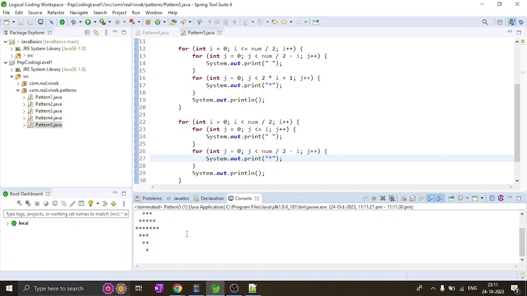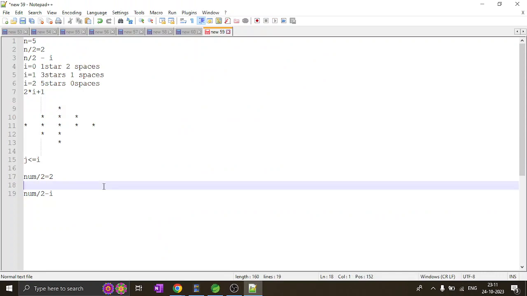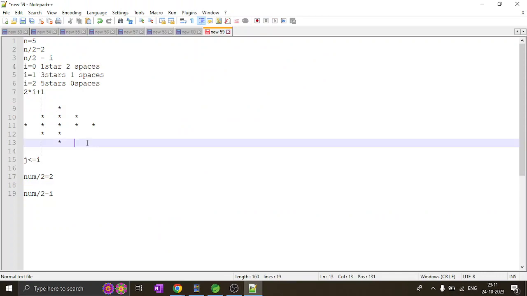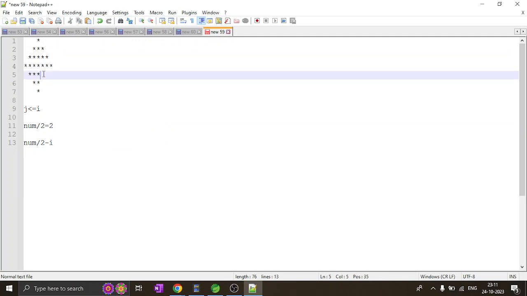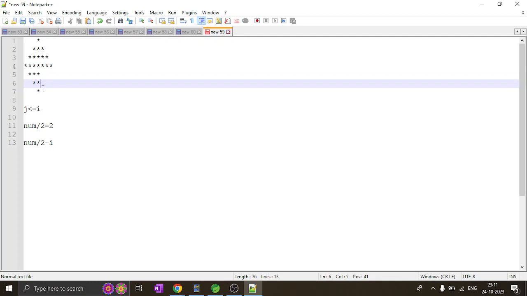Yes. And now what we want to do is that we want to have the other part as well. So let's try to focus on that. So how will we do that? So we have to print 2 stars here, then 1 and then 0.